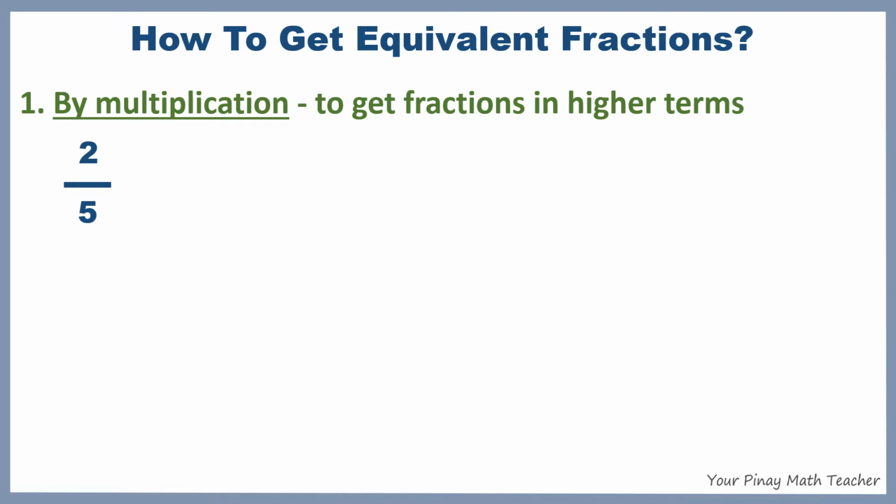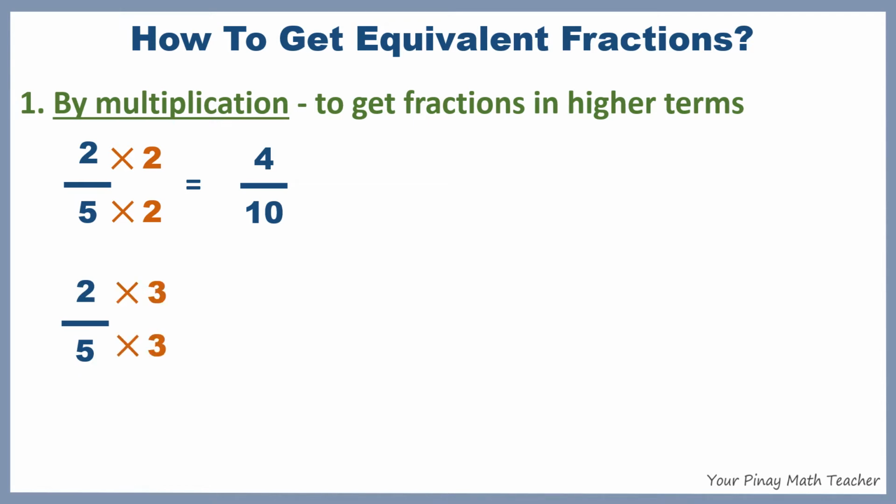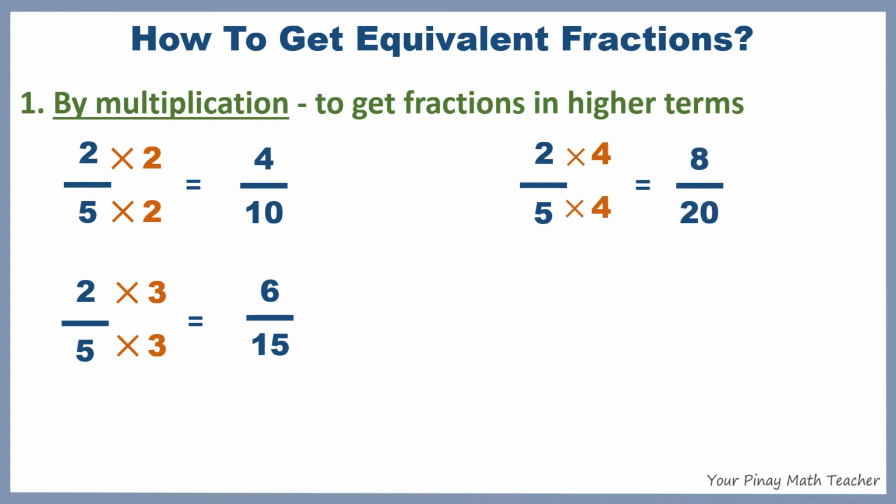Let's do this. 2/5, multiply both numerator and denominator by 2. You will get an equivalent fraction of 4/10. If you multiply both by 3, we get 6/15. By 4, 8/20. By 5, we get 10/25.